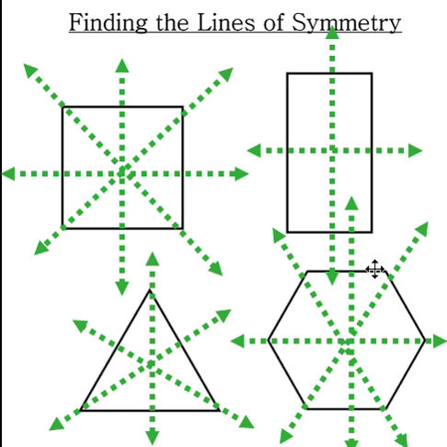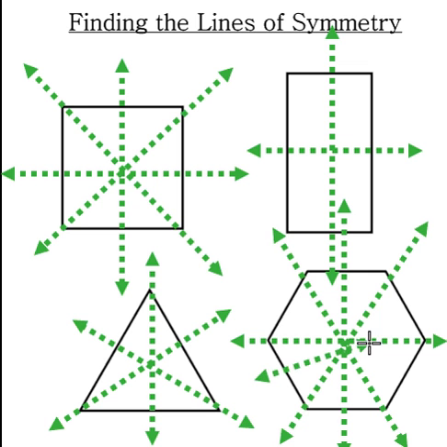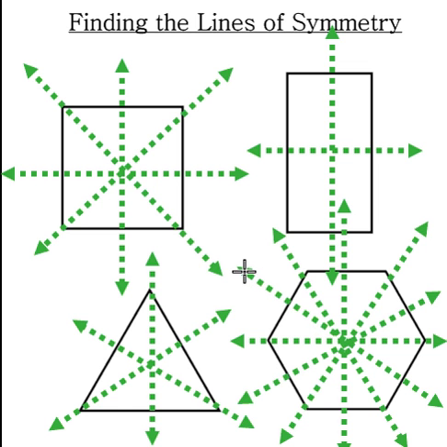I'm going to move that line just a little bit over so you can see it there. And finally, a line going across here. If I do the line a little better, here we go, because you can fold it having this point meet that point. And finally, going across here. So you actually have 6 lines of symmetry on a 6-sided regular polygon.